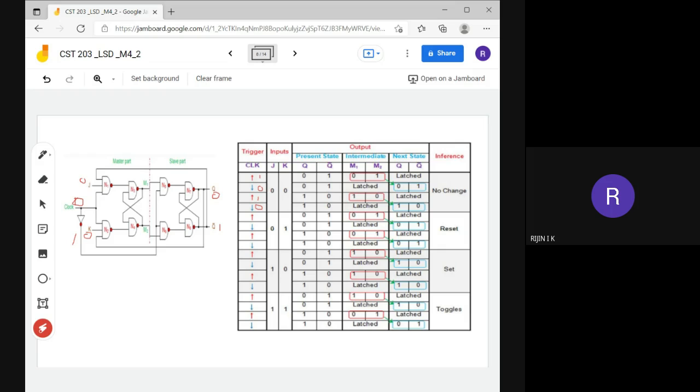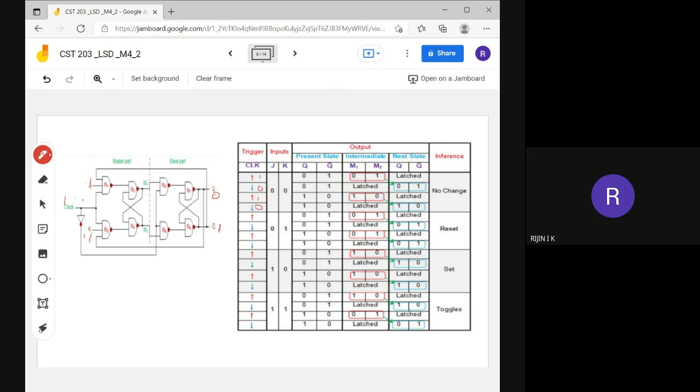That means if you provide J and K both 1, that was our issue, right? If you provide J and K both as 1, this is 1 and this is also 1, and initially we gave clock pulse 1. Okay, so clock pulse 1 was given. In that situation, consider the present state is 0 and the next state is 1.